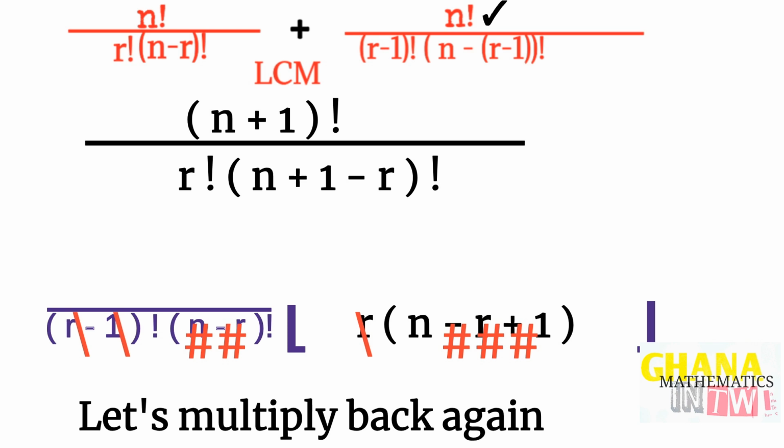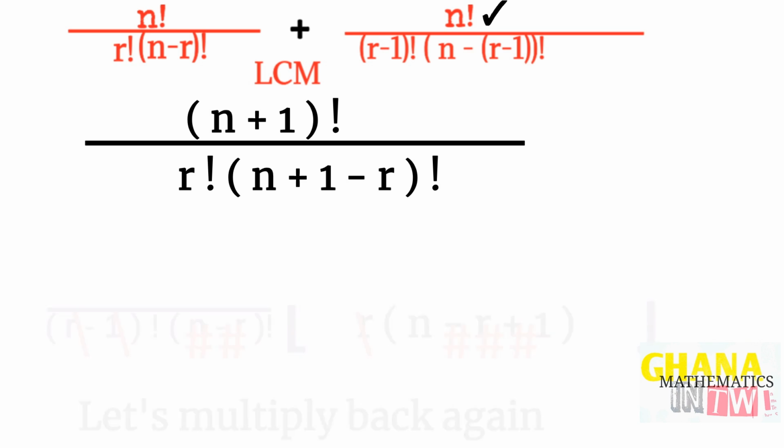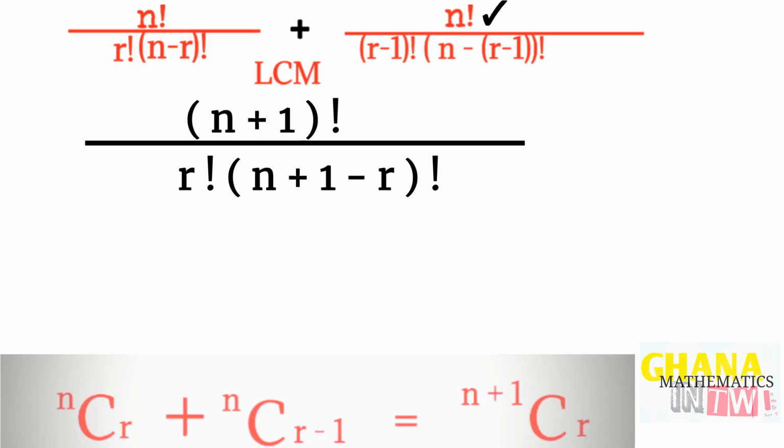It means that n minus r factorial can go into n plus 1 minus r factorial. Please don't worry about the factorial things, okay? So look at this diligently, look at it carefully.